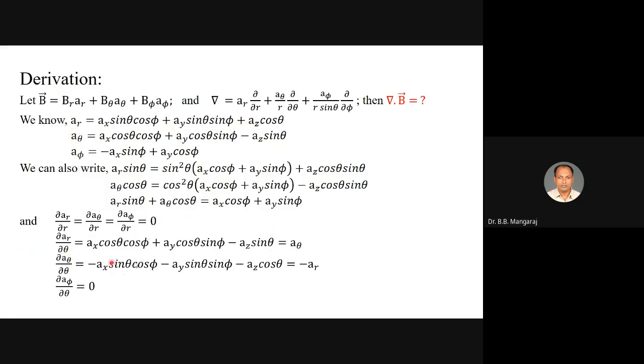And partial differentiation of a theta with respect to theta will give us, say, cos theta is minus sin theta. So here minus, here already minus is there, so sin theta. But if you take a minus common, this will be minus of a r. Partial differentiation of a phi with respect to theta will give us 0, because there are no theta terms here, independent of theta.